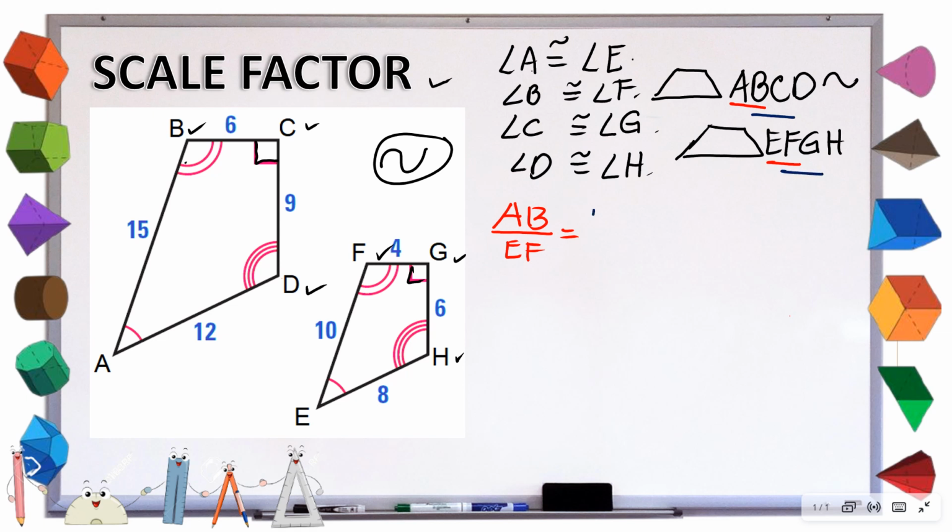Yung magkasunod. So, BC is to FG. Then, another one, let's use green. We have CD sa taas and GH. Magkasunod, C and D, G and H. So, you have CD over GH.